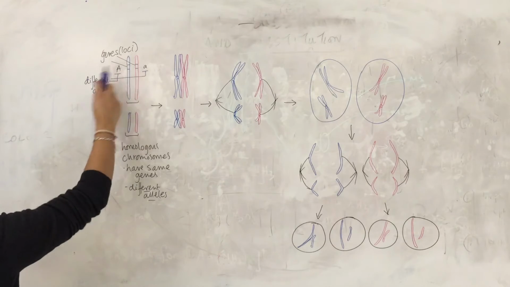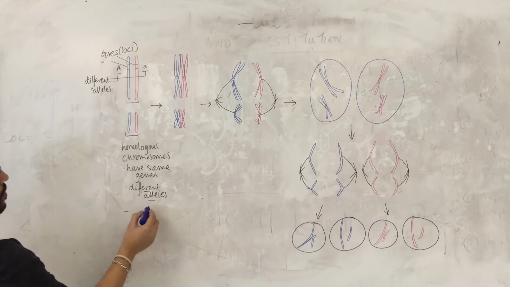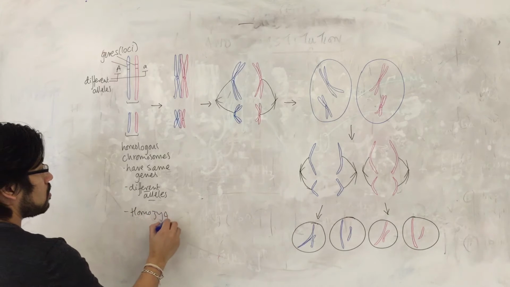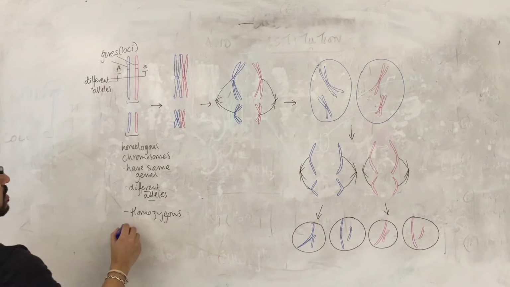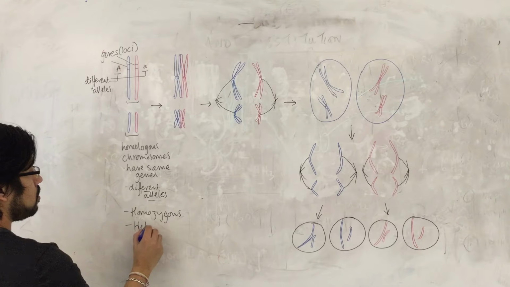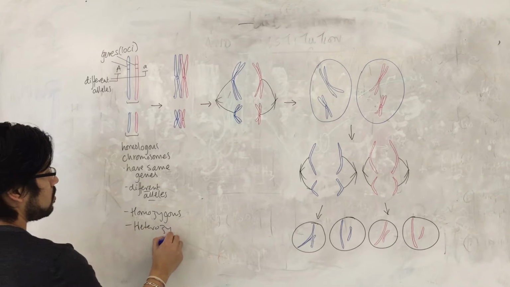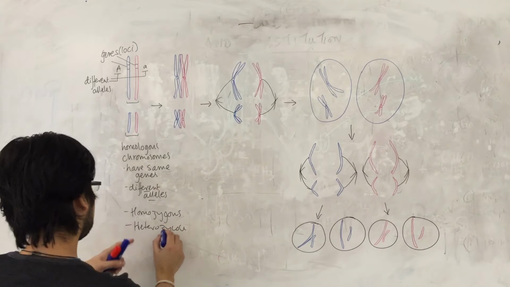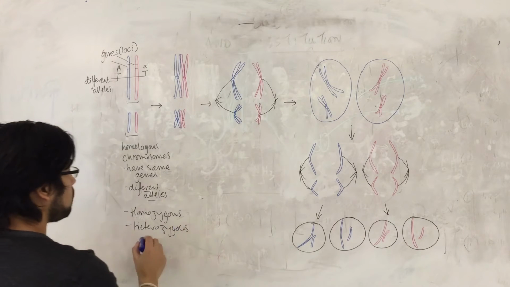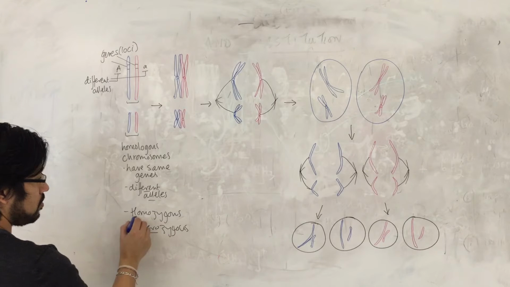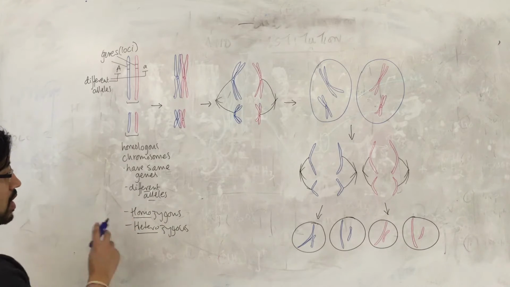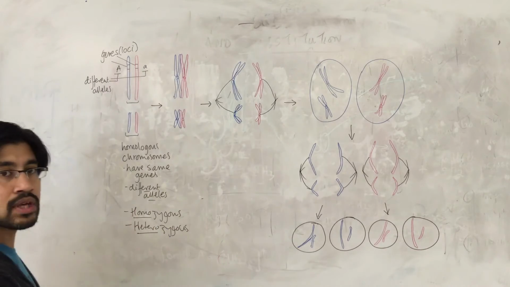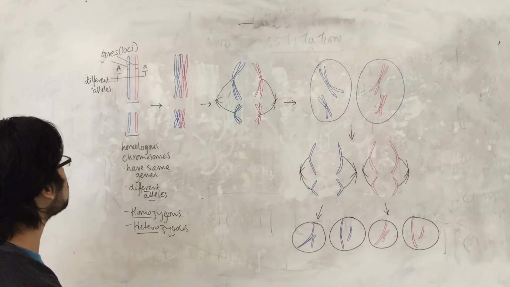And depending on the combination of alleles, individuals will be homozygous if they're the same, or heterozygous if they're different, and depending on if they're dominant and recessive, that will also come into it.